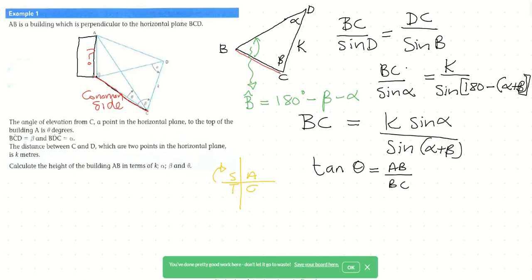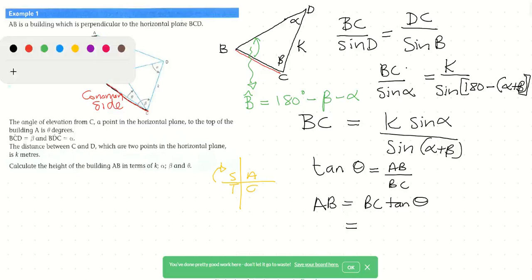AB is what we want to know, so I can rearrange this by going AB is equal to BC tan theta. But what is BC? Well, BC is all of that. So I can substitute BC in with a different color, just so that you guys can see what it is.